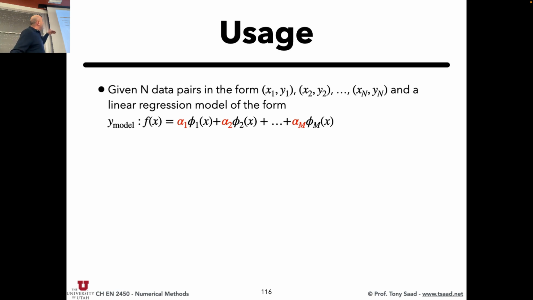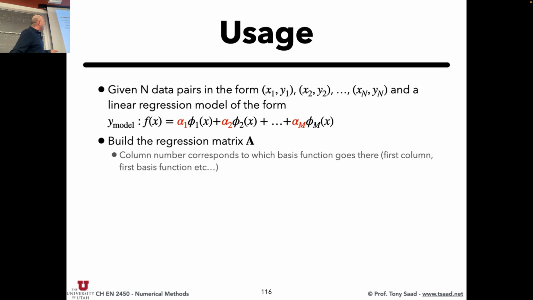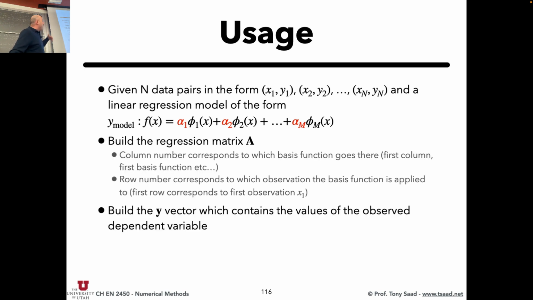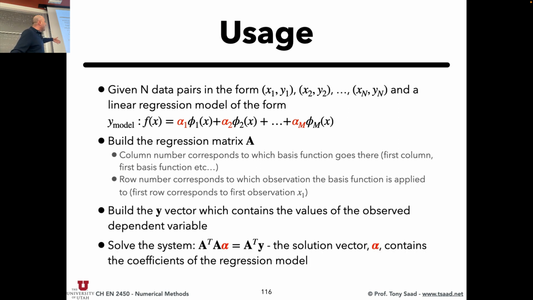Then, in a linear regression model of this form, build the regression matrix A, and then build the y vector, which contains the value of the observed dependent variable, and then finally solve this system of equations, A transpose A alpha equals A transpose y. And we know how to do this, mp.linalg.solve. You give it this A transpose A as your coefficient matrix, and this right-hand side. And the solution vector contains the coefficients for the regression model. OK, let's do an example.